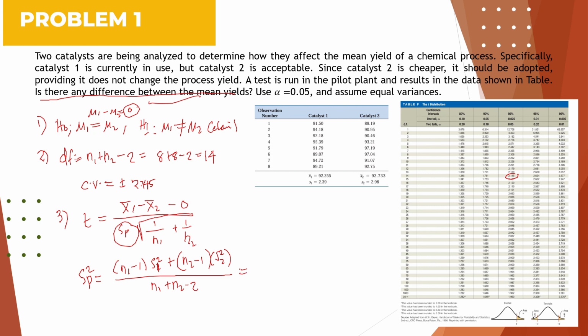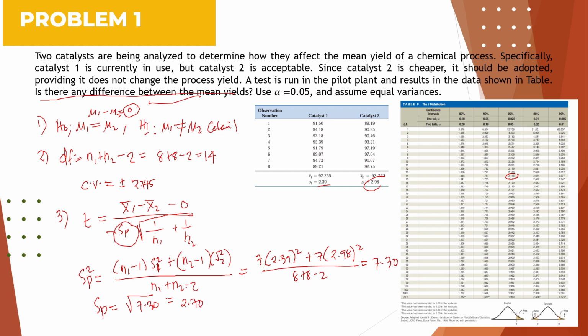So we have here n minus 1, that's 7, times our given 2.39 squared, plus 7 times 2.98 squared, over 8 plus 8 minus 2. If you compute this using a calculator, it will yield 7.30. Since we are looking for Sp, the pooled standard deviation, the square root of 7.30 is 2.70.